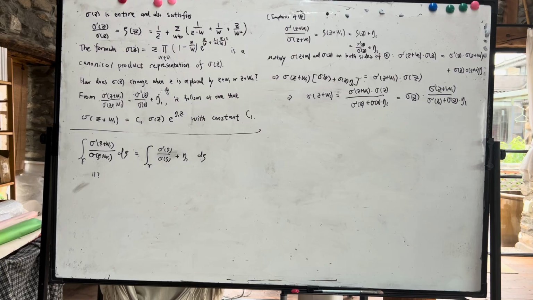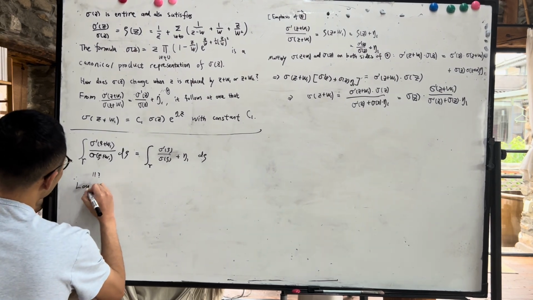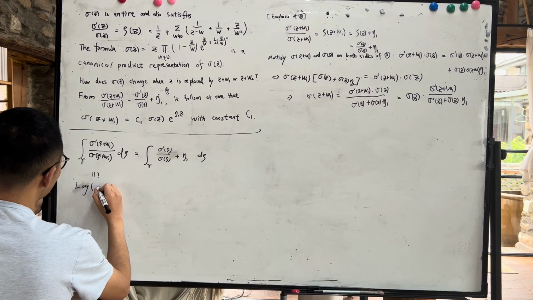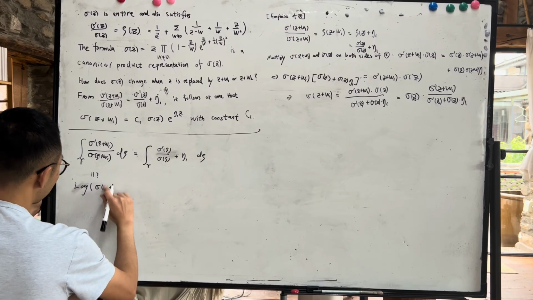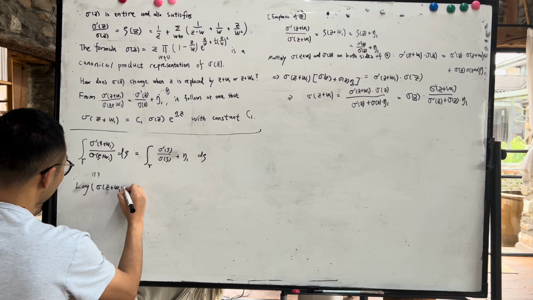Yeah, suppose that there is some log such that this one is equal to the log of sigma of z, sigma of z plus omega 1.